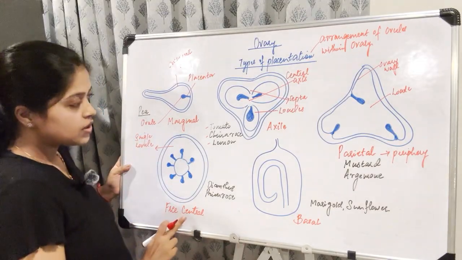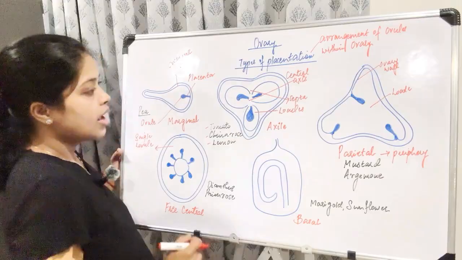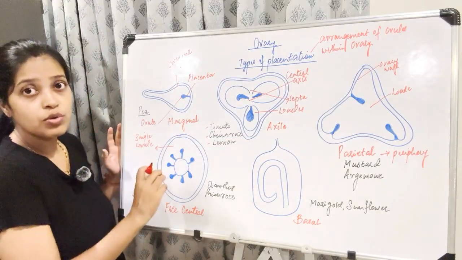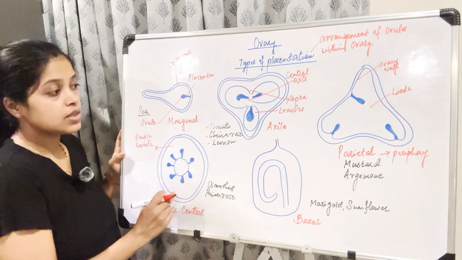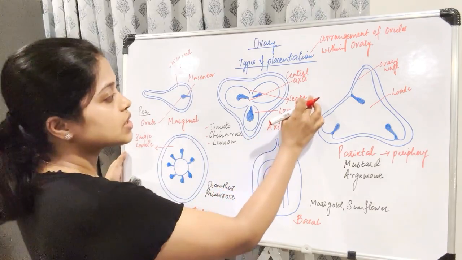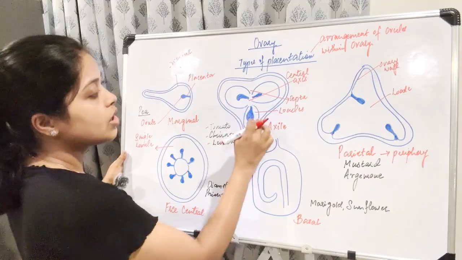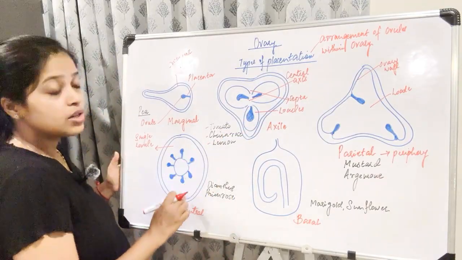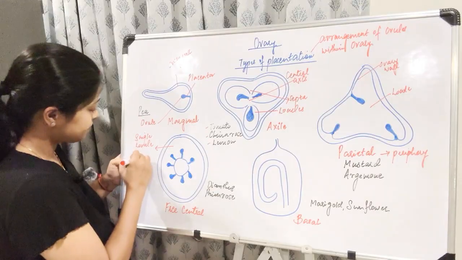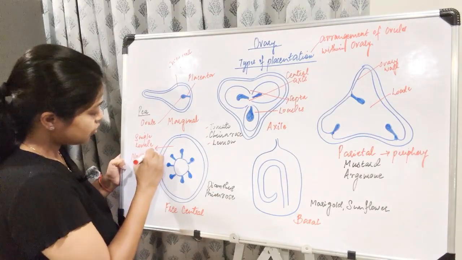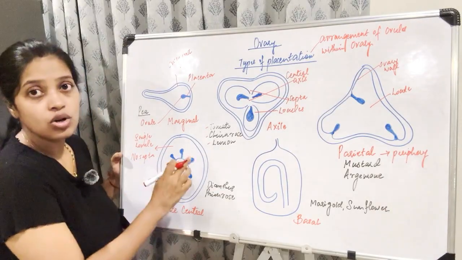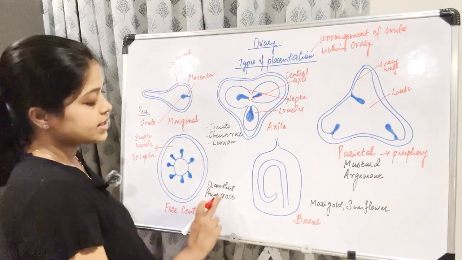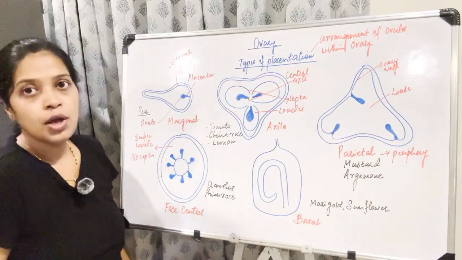So the difference between free central and axile is that in both, the ovules are present at the central axis, but in axile, because septa have been created, there are different locules. But in free central, since there is no septa, there is a single locule and ovules are present at the central axis. The examples are dianthus or primrose.